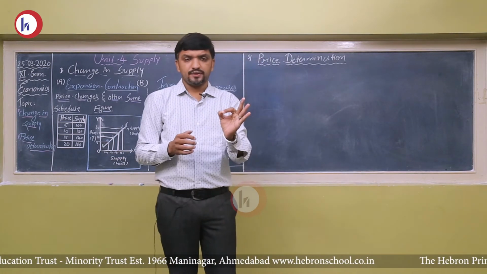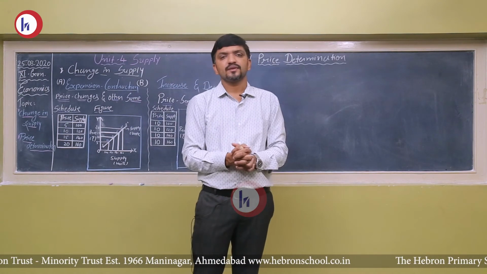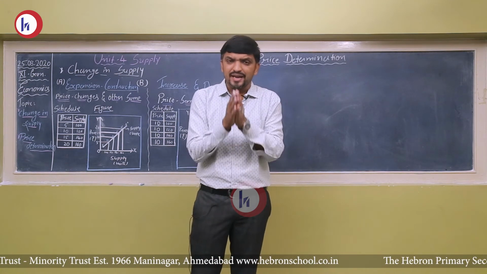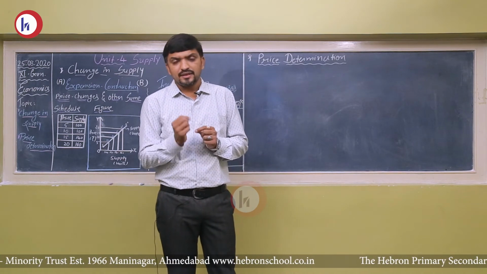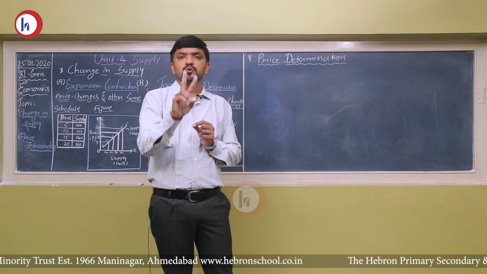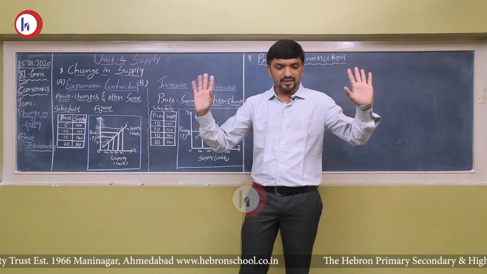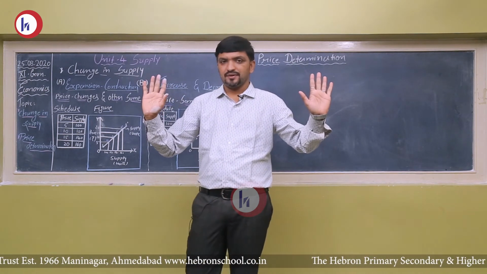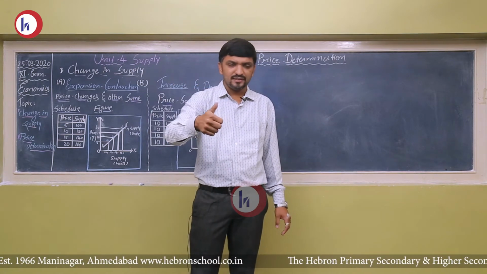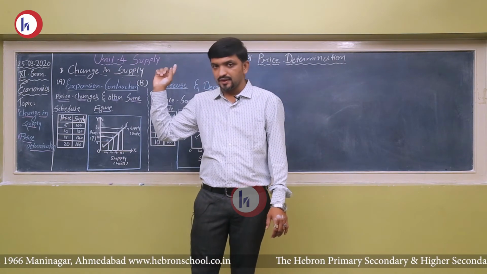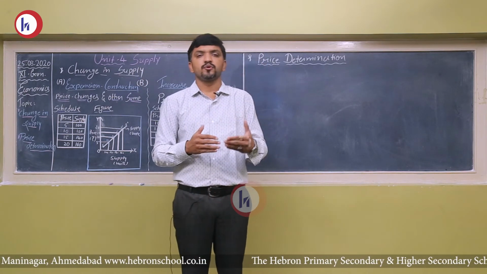But actually, according to Alfred Marshall, price is never decided by the producer. Price is decided by the two invisible hands. Yes, two invisible hands of market. And those invisible hands are: number 1, demand, that is our chapter 3, and second is supply, that is our present chapter, Unit 4.